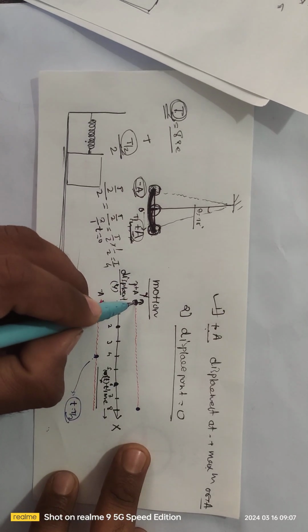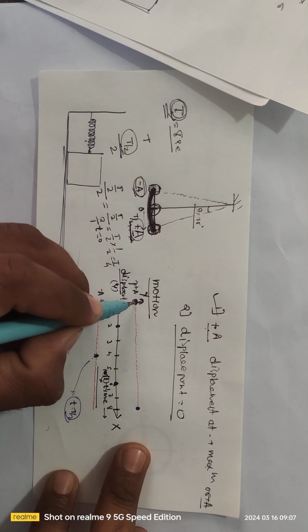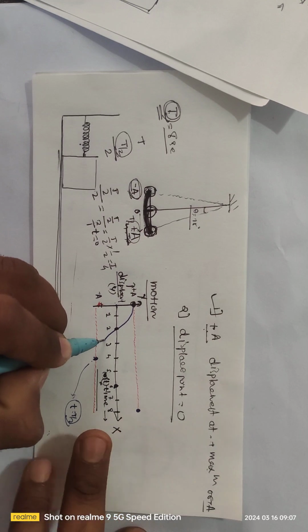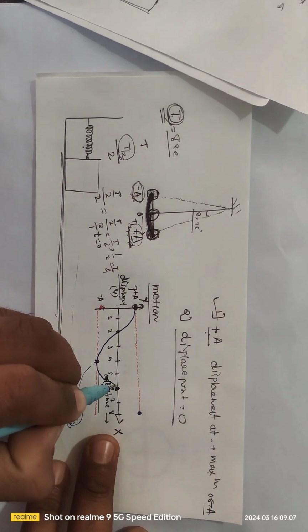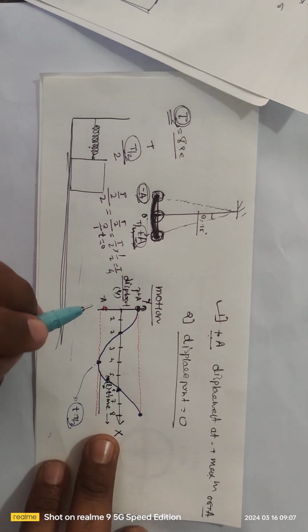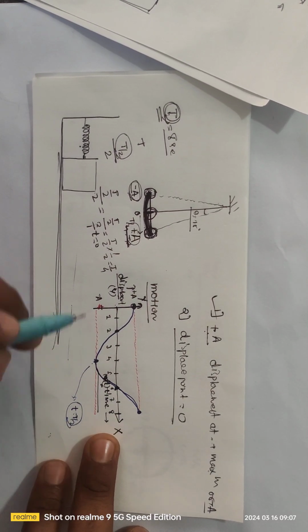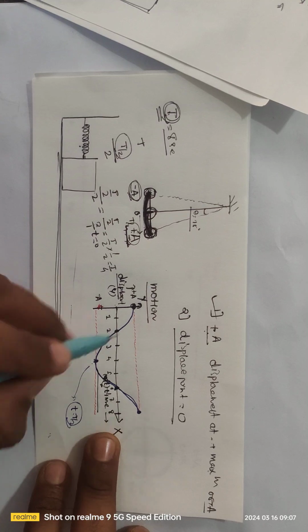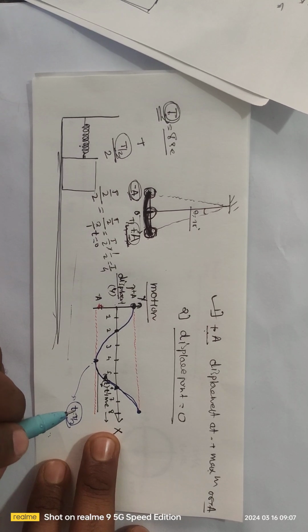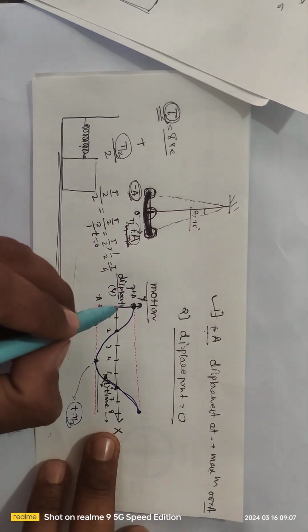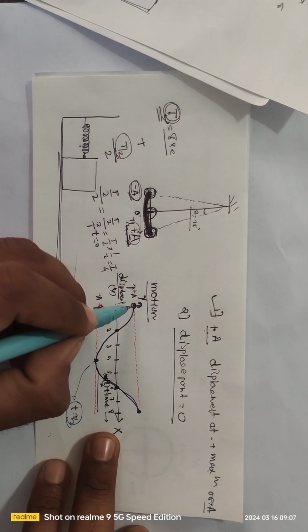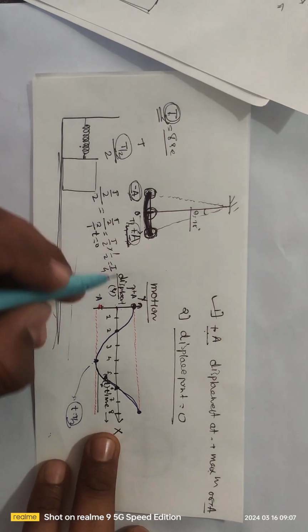If I join all the points, then it will become like a wave. It is called a cosine wave. Why is it cosine? Because at t is equal to 0 our particle is at maximum.